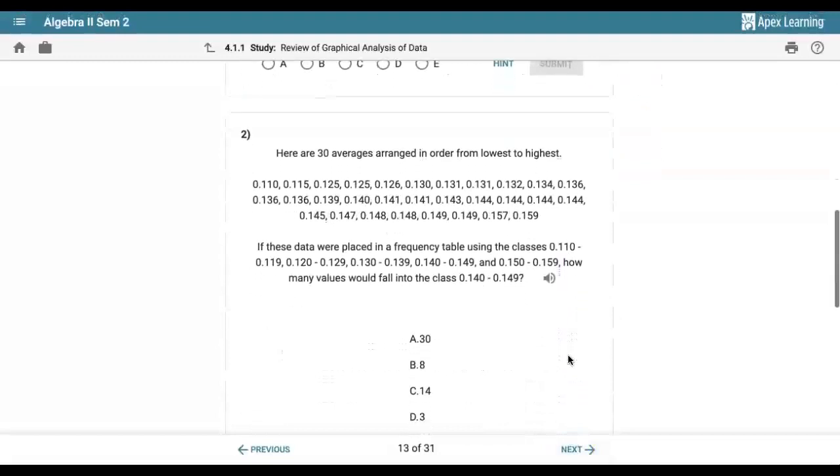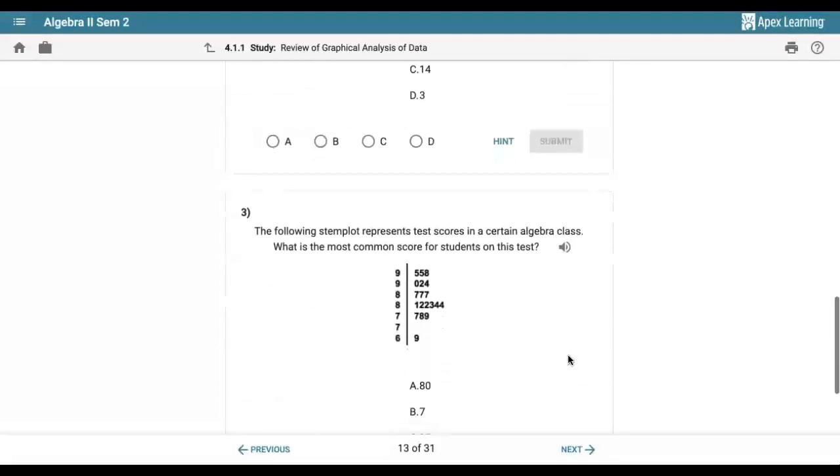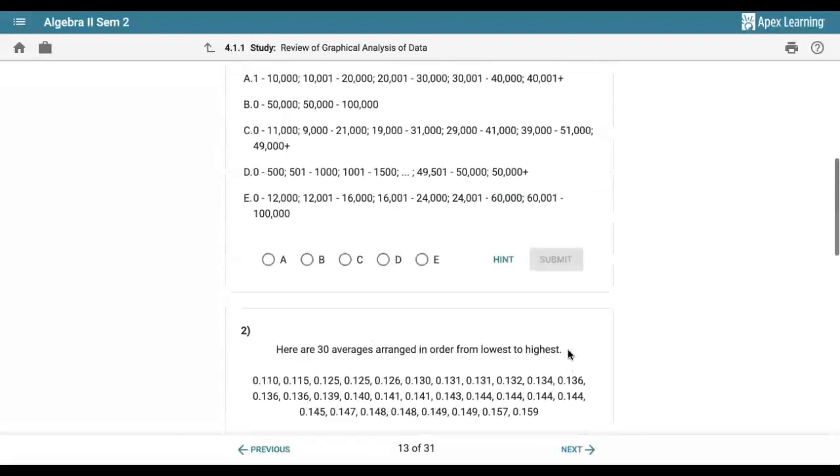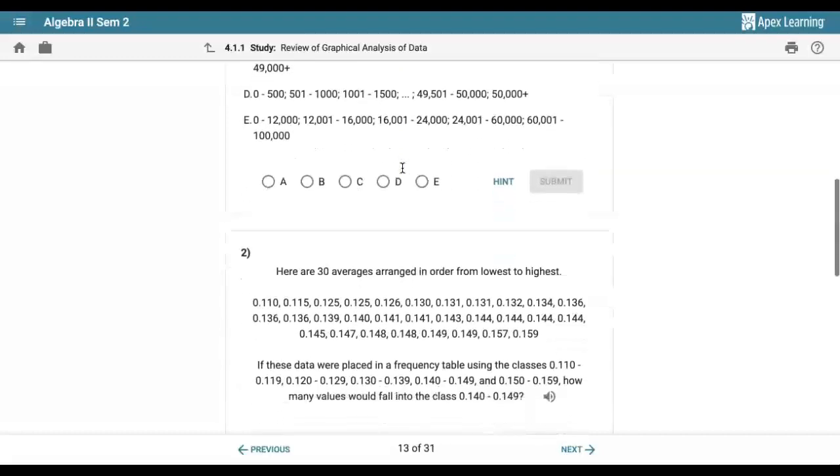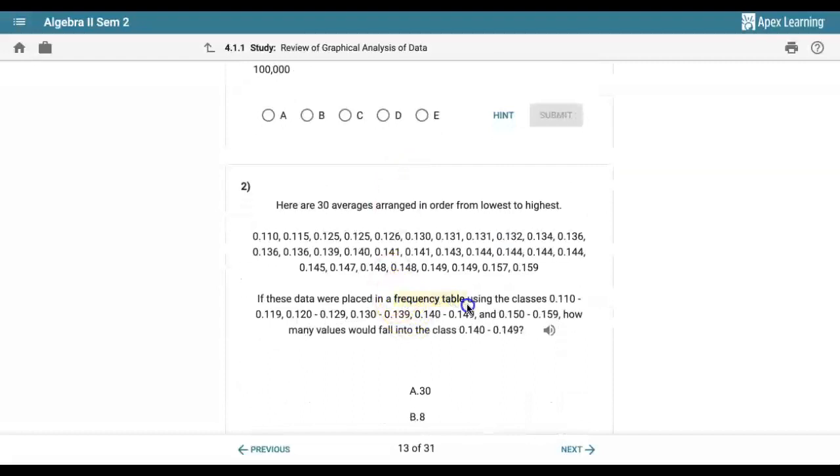The trick for all of these is, 1, read the entire problem, but then 2, look for the type of data display that you're going to be using here. So first, here is a histogram. Then this one's talking about a frequency table.